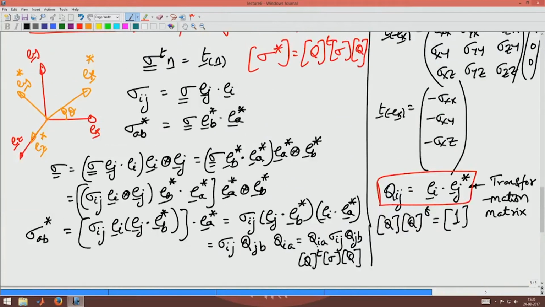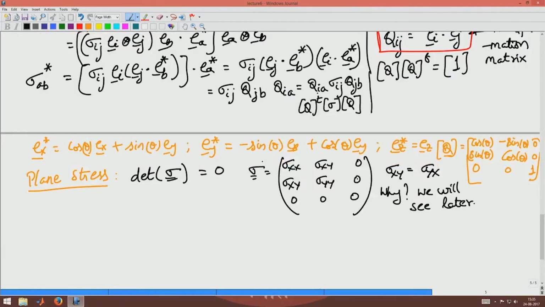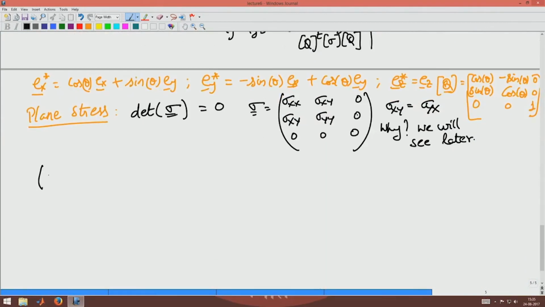Now, let us substitute and find sigma star. I want to find sigma star, so I have to do Q transpose.